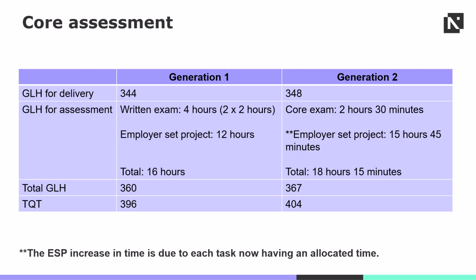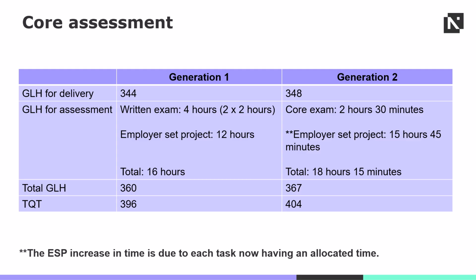Next, looking at the guided learning hours for assessment. In Generation 1, assessment consisted of 2 written exams, each lasting 2 hours, plus a 12-hour Employer Set project, totaling 16 hours. In Generation 2, the written component has been streamlined into a single core exam lasting 2 hours and 30 minutes.